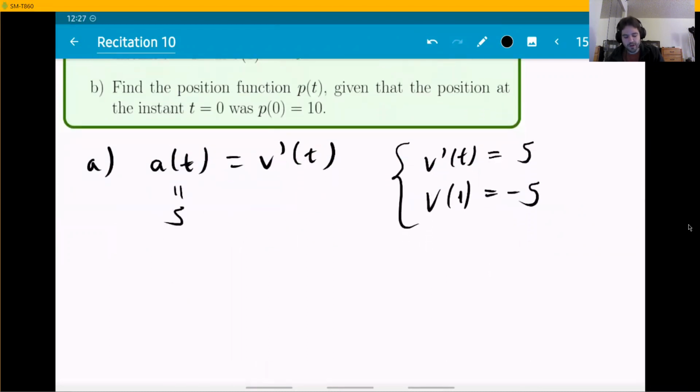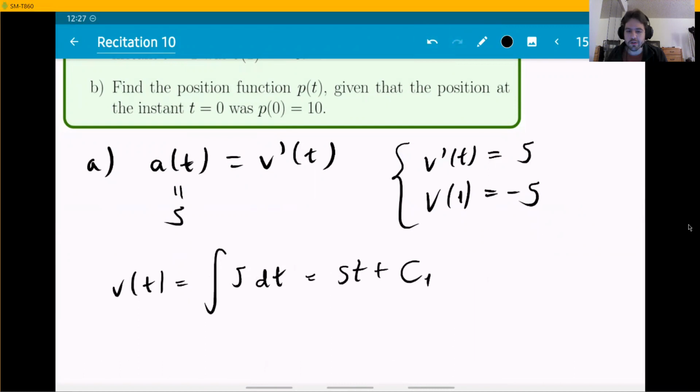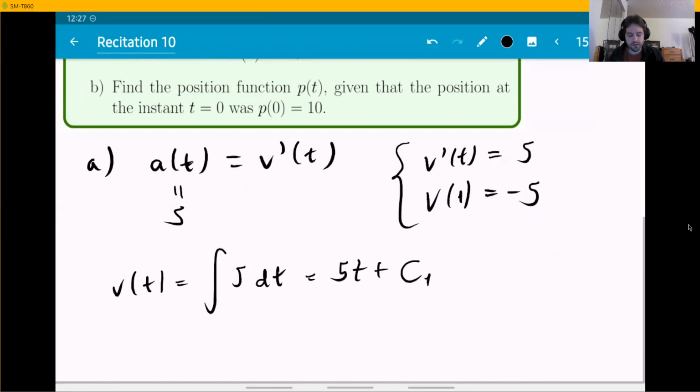If v prime is 5, then v must be the integral of 5. The variable is called t in this problem. It's time. All right, so the antiderivative of 5 is 5t plus c. Maybe I'm going to call it c1 because there will be another c later for item b. You can call your constants whatever you want. So c1. This is the antiderivative.